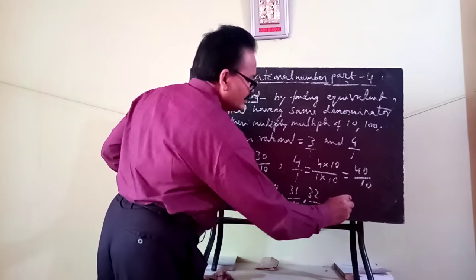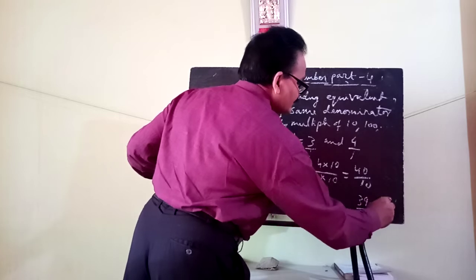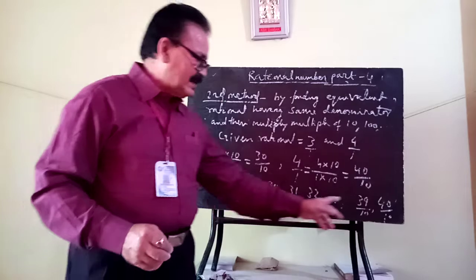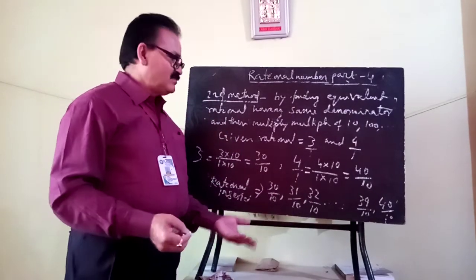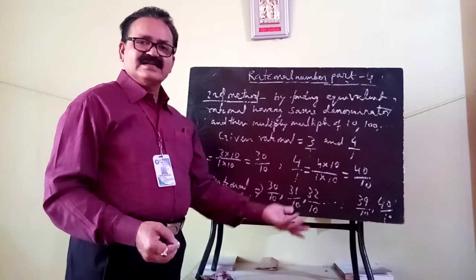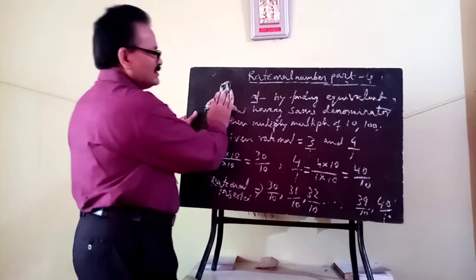So in this way, your last one is 39 by 10 and the last one is 40 by 10. So from 1 to 9, 9 rationals you have inserted by simply multiplying by 10. You can multiply by 100 also to get more values. Okay, you have got it. Now third method.